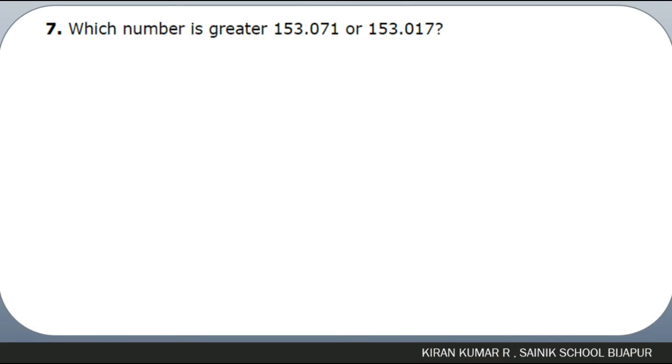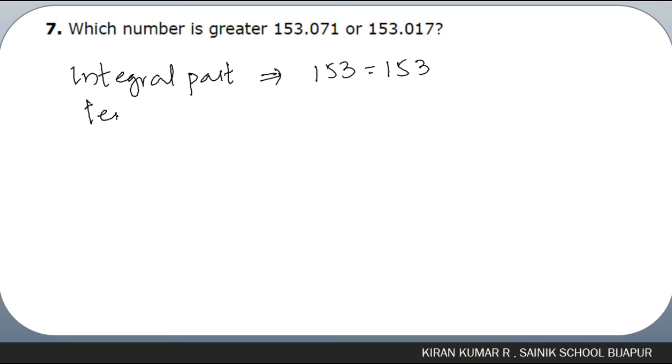Question 7. Which number is greater among 153.071, 153.017? Let's look at the integral part. Here the integral part is 153 and it is equal. Look at the tenths place.